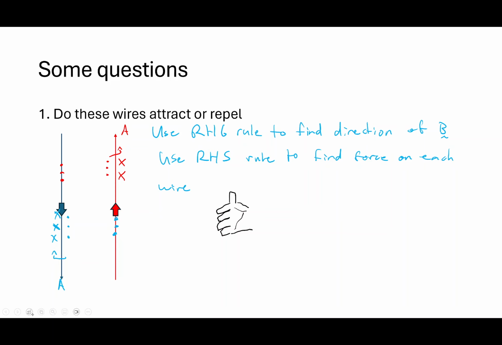It's a very bad palm drawing, but that will be the force, because that's the current. That's the magnetic field. Sorry, wrong color. So that's the magnetic field, and that's the force. So the force on the red wire is going away from the blue wire.